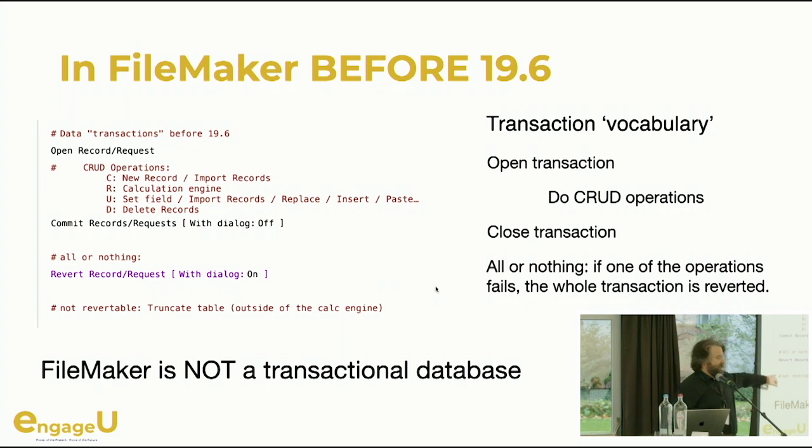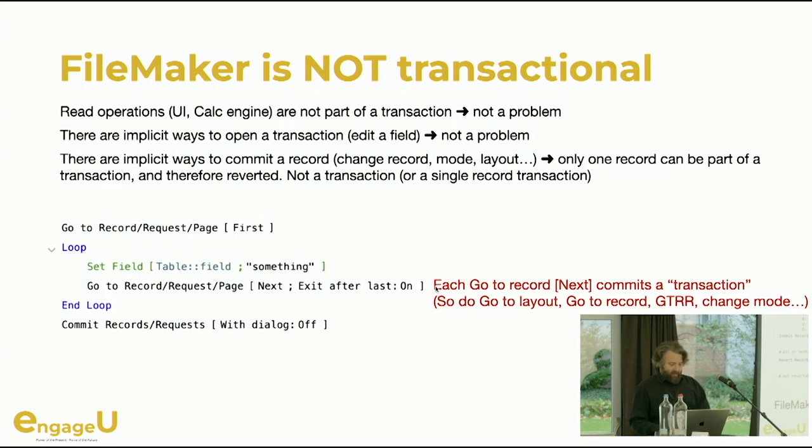Side note, the truncate script step is not revertible because it does not talk to the database engine. It's a completely different path. FileMaker, as I said, in that first version, is not transactional. Read operations like UI, calc engine, and so on are not part of the transaction.